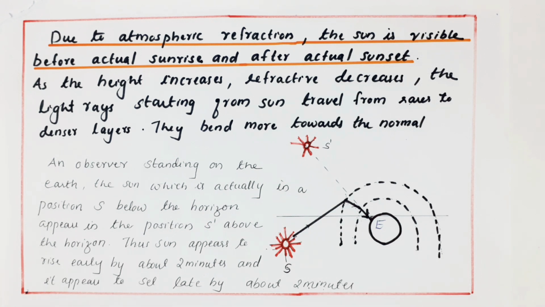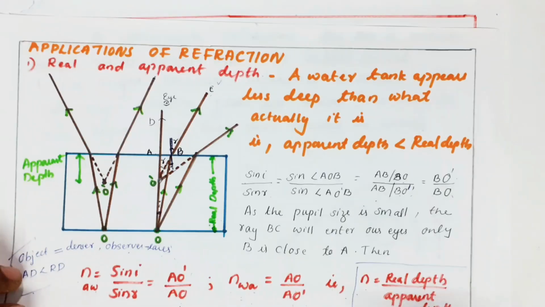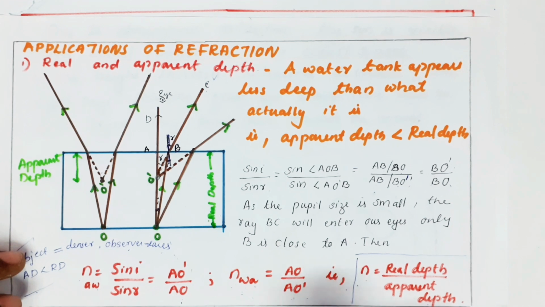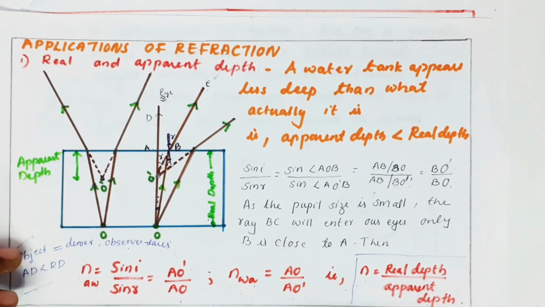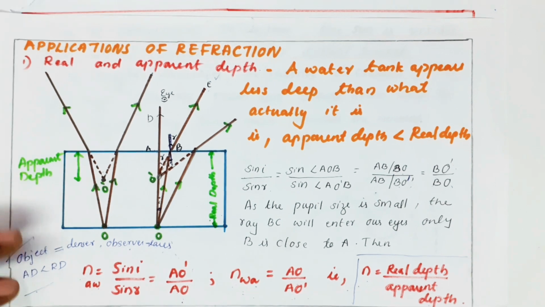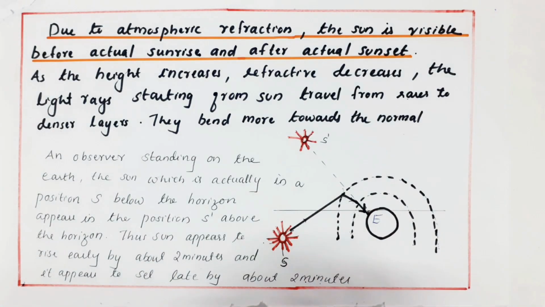So what I discussed just now are the applications of refraction. The first one is apparent depth and real depth. We feel that a water tank appears to be deeper than what it exactly is. And the atmosphere also acts as a medium of varying refractive index.